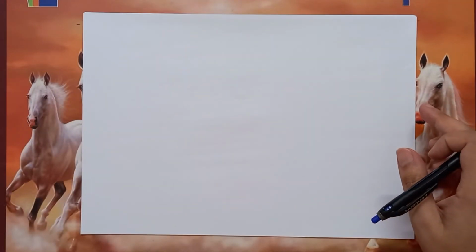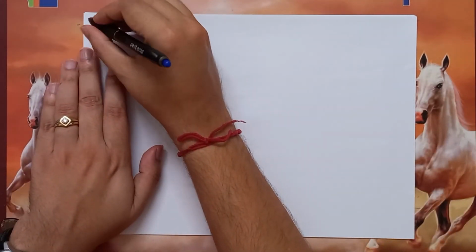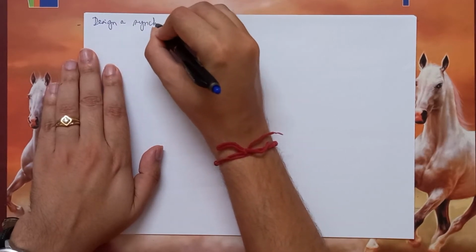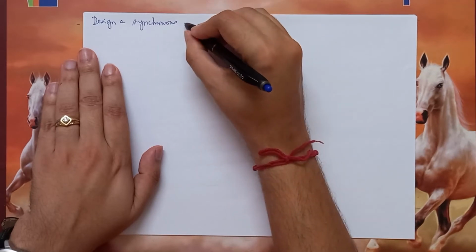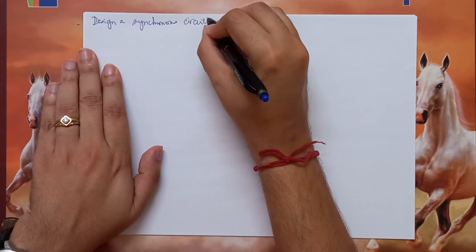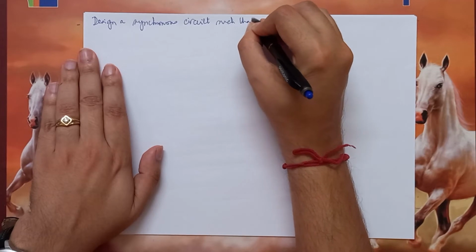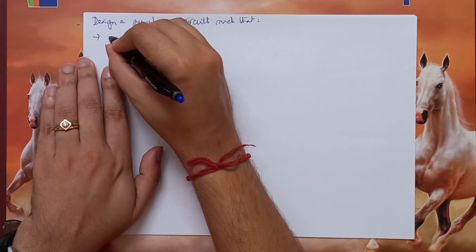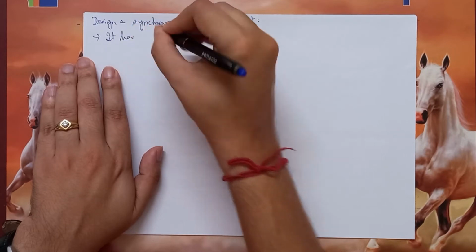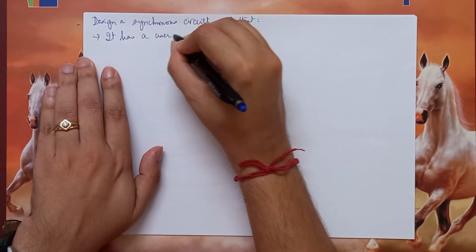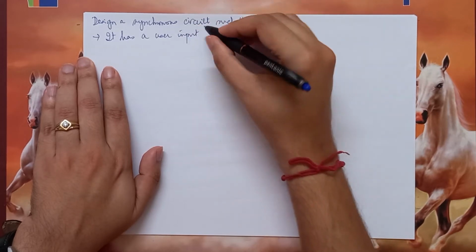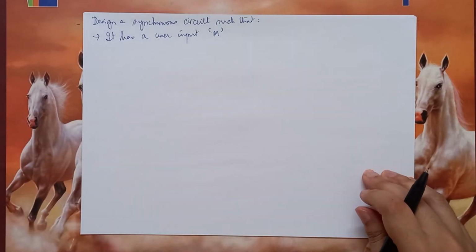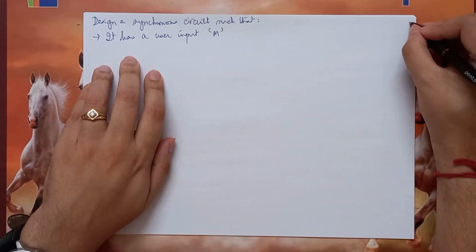So let us take a look at such a circuit which can be designed. Let us make a problem with this. Design a synchronous circuit such that it has a user input. Let's call this M. Now what does M do?